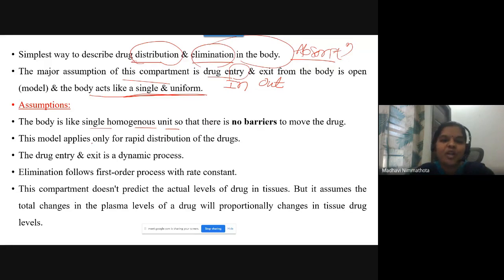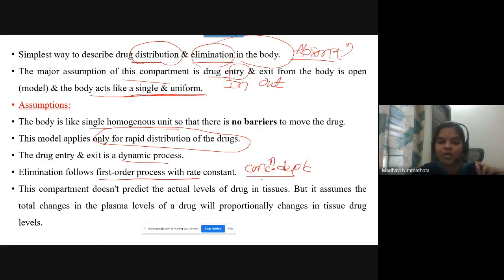So this model applies only for rapid distribution of the drug. So the drug entry and exit will be a dynamic process. And one more important thing here, the elimination follows the first order process, that is concentration dependent. The elimination follows the first order process.